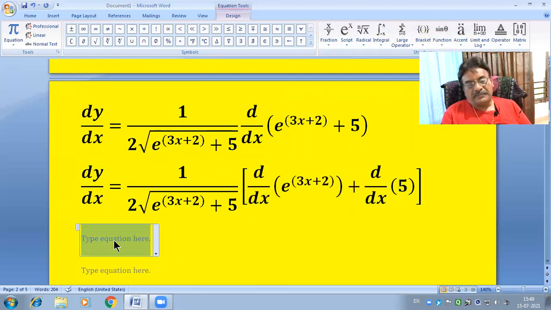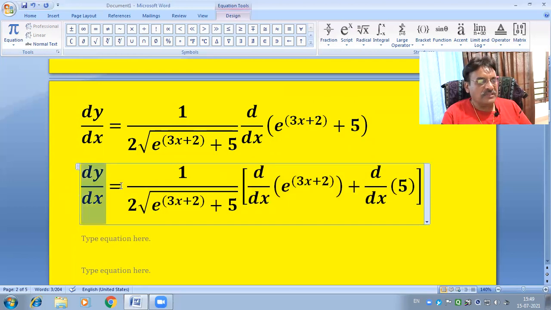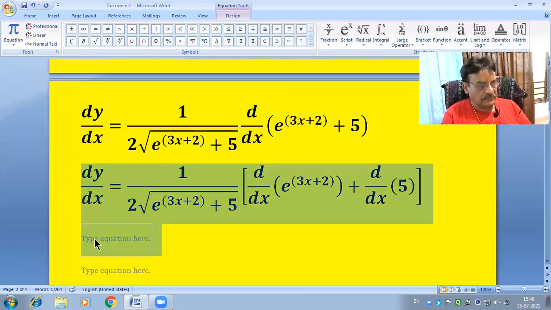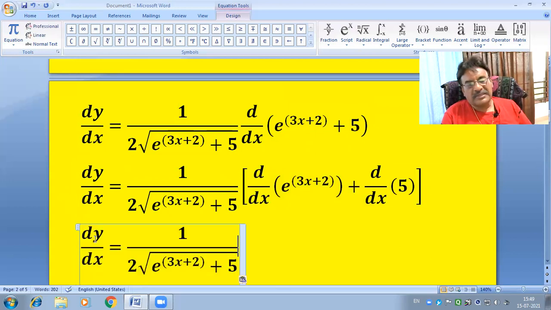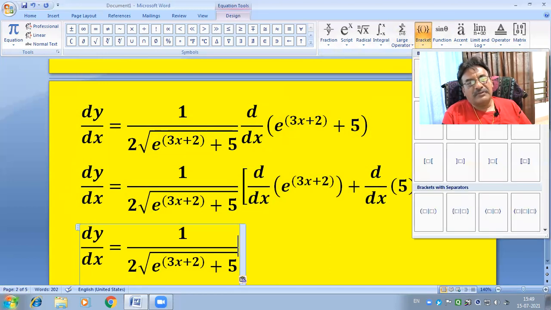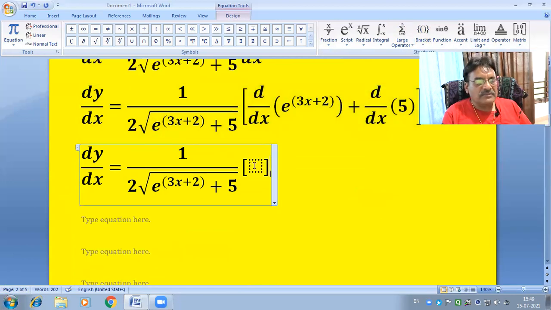Therefore dy by dx is equal to 1 upon 2 under root e to the power 3x plus 2 plus 5, up to this as it is. Then we find the derivative of the bracket terms, that is d/dx of e to the power 3x plus 2.